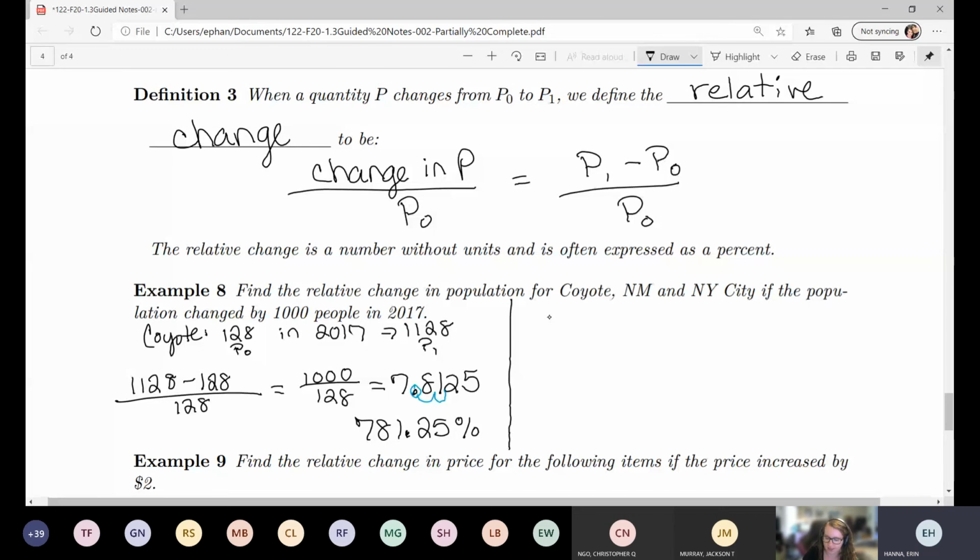Whereas if we did it in New York City, they started at 8.5 million in 2017, and then they ended at 8.5 million, but 1,000 more.